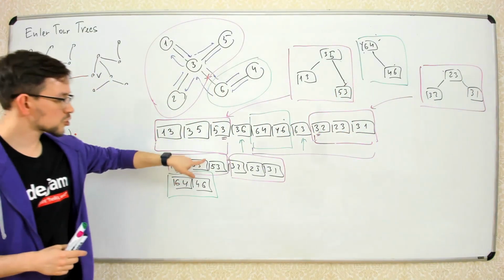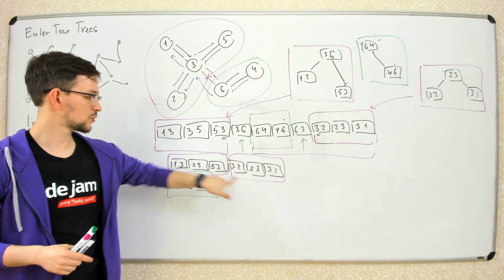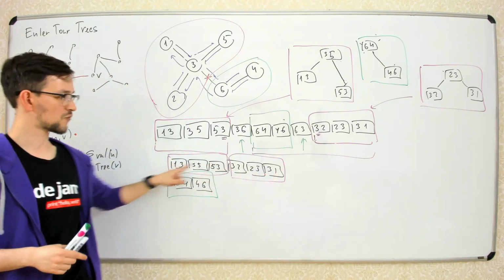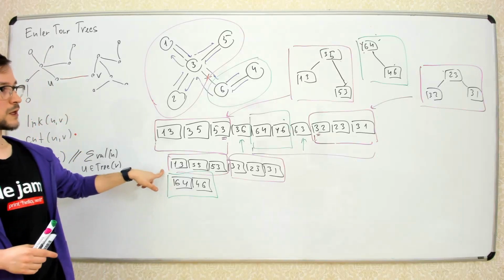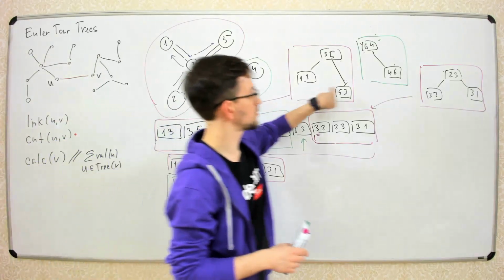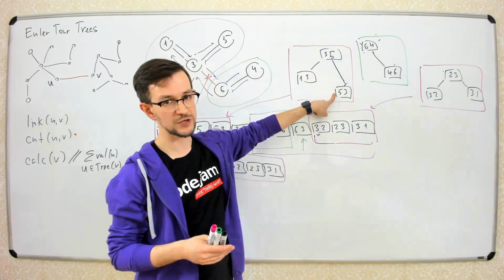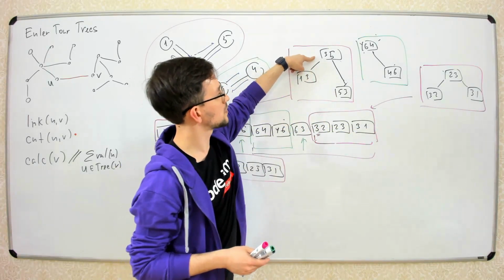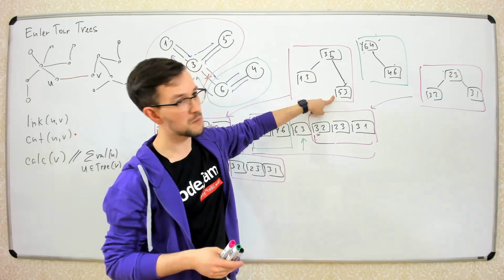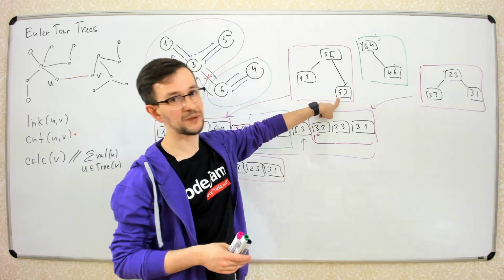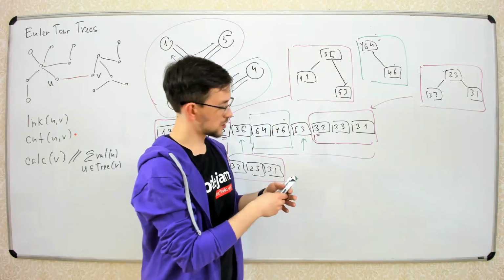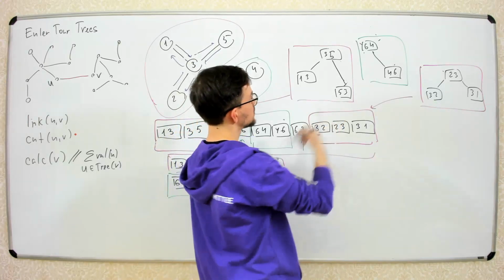And now I need to merge the first and the third part. So I need to make the splay tree of this Euler Tour. I simply need to merge these two trees. To merge two splay trees, you take the maximum value in one of the trees. For example, in the left tree, you take the maximal element here and splay this last element. So I splay this maximal element here.